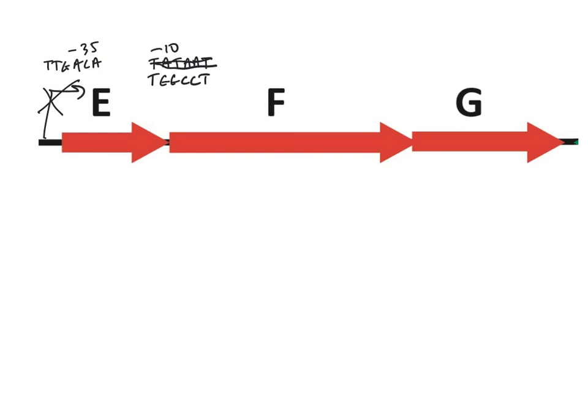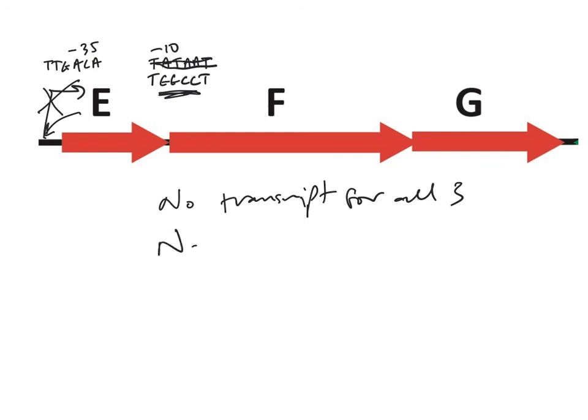So now just these few bases changed in this region up here in front of the gene will mean that we get no transcript made of any of these genes. So that means that we get no transcript for all three, so no protein. So a small mutation, but just in the right place up here, means that we lose the ability to make all three of those proteins.